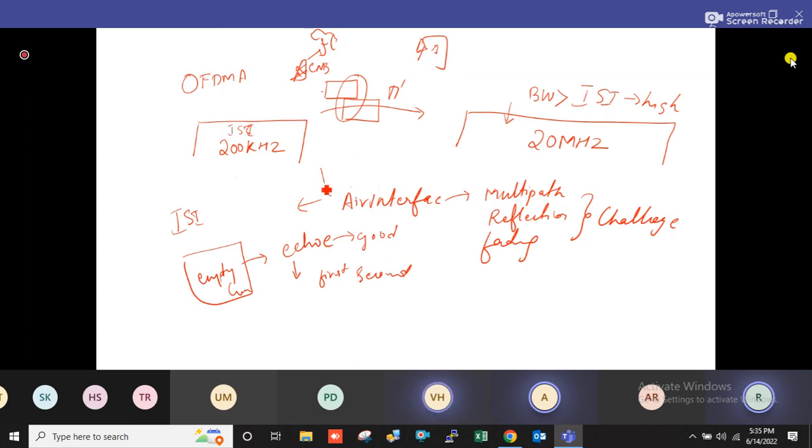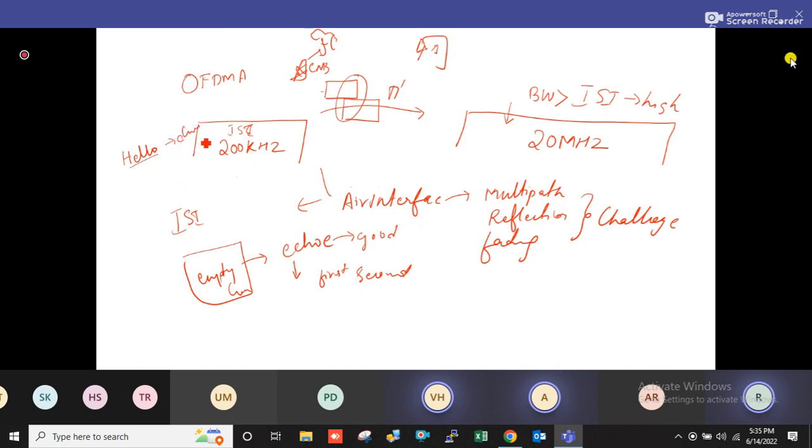Now, to make you understand again what this inter-symbol interference is, that's what I mentioned in the analogy I took. Let's say I speak in an empty room, or there is a mountain and I'm just speaking. If I speak only a single word, hello, it will repeat n number of times, right? Because there is an echo which is coming.